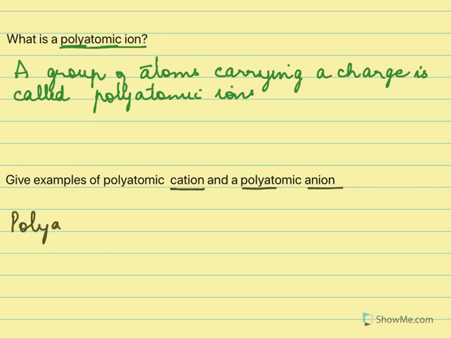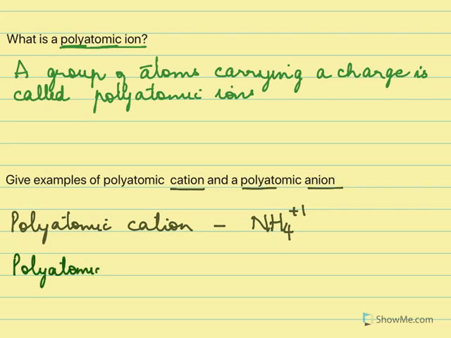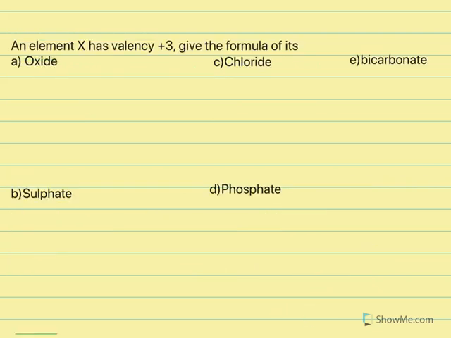A polyatomic cation has a positive charge, for example ammonium, NH4+1. A polyatomic anion would be like hydroxide, OH-1, or phosphate, or carbonate. These are polyatomic anions.